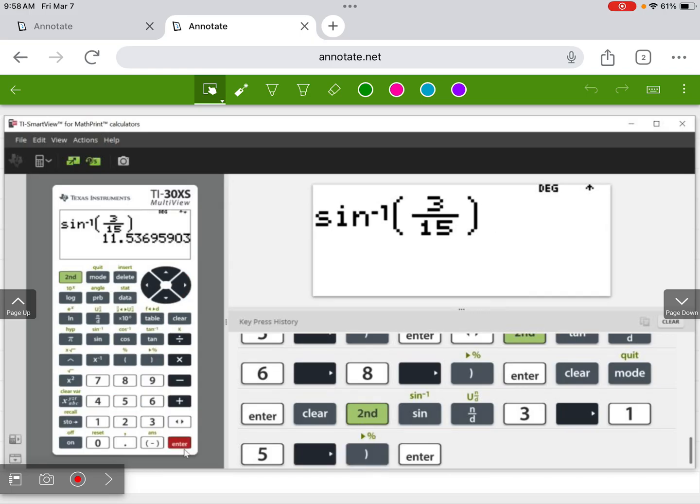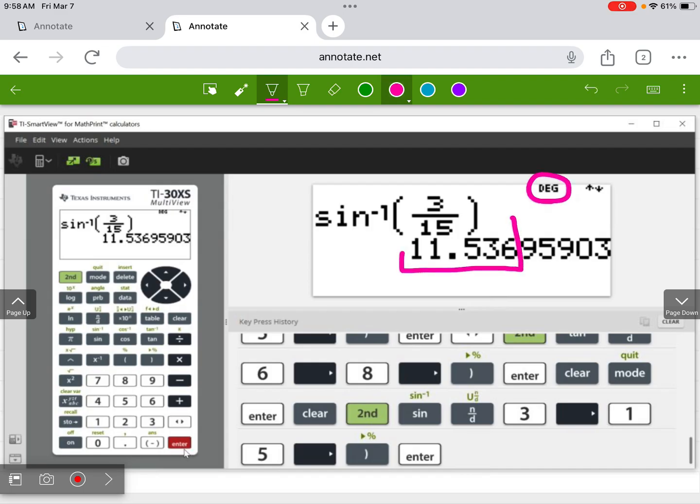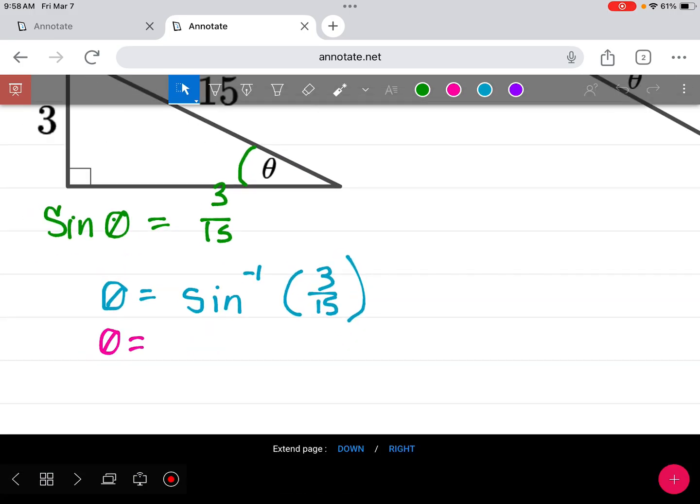And we type it in the calculator. And since we're in degree mode, our answer's in degrees. We're taking 3 decimal places. So 11.537 degrees. It's important when you're in degrees, you've got to put the little symbol that means degrees. If it does not have a degree, it's a radian.